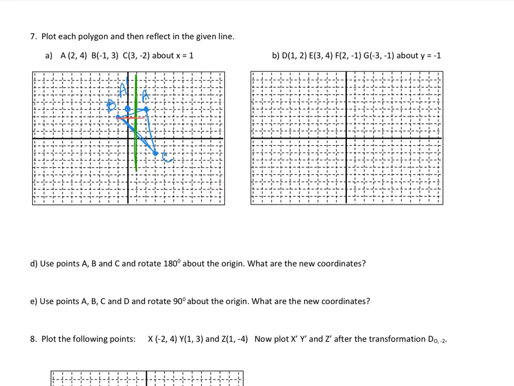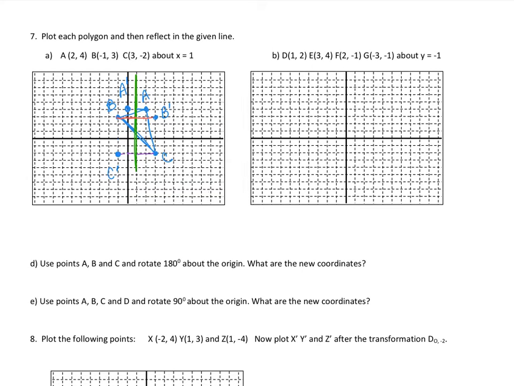So I need to go 1, 2. And that's going to end up being B prime right there. And then C is a distance of 1, 2. So I'm going to go the other way. 1, 2. Because that's my reflection, and that's going to end up being C prime right there.